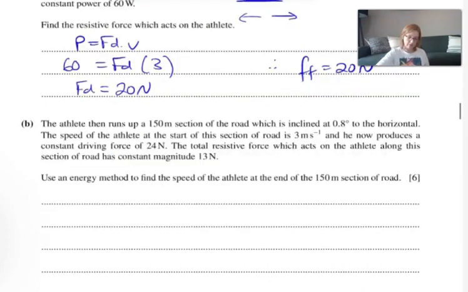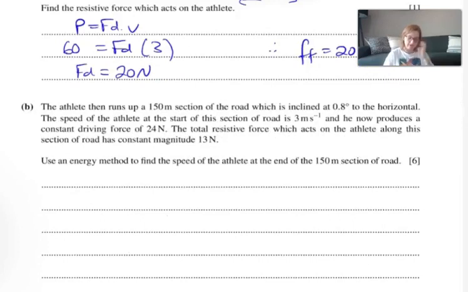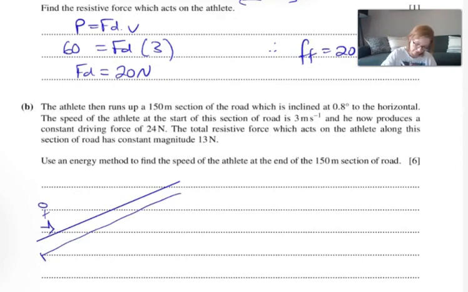Now, part B. The athlete then runs up. Okay, cool. So now he's going up a section of road, which is 150 meters, and it's inclined at 0.8 degrees to the horizontal. The speed of the athlete at the start of the road is 3 meters per second.